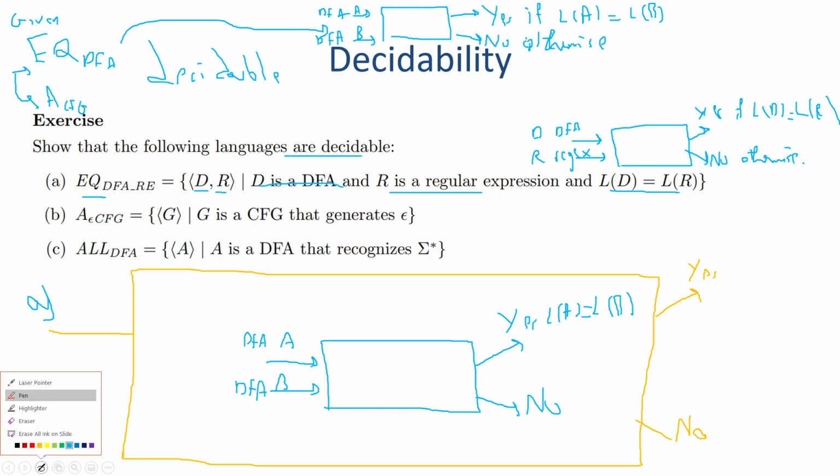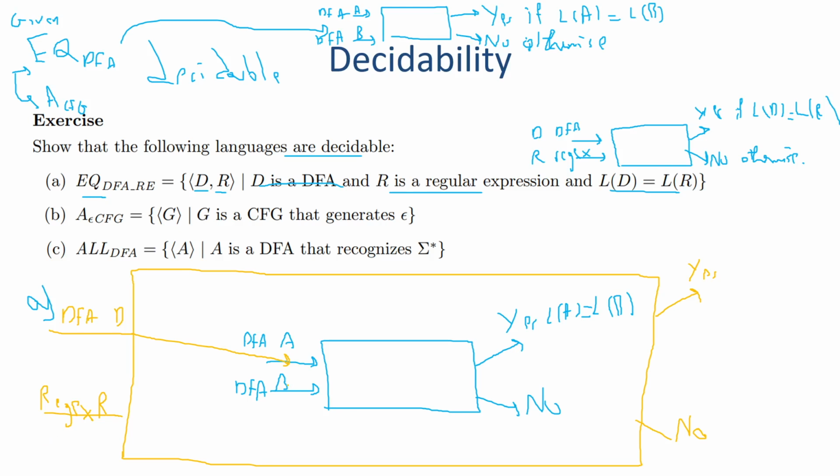The bigger problem says I'm taking as input some DFA-D and some regex R. Now, one of those inputs seems straightforward, like DFA-D, I can just plug it in right here. The A is just arbitrary, like we're saying A equals D. But what about the regex? I can't plug it right into this.